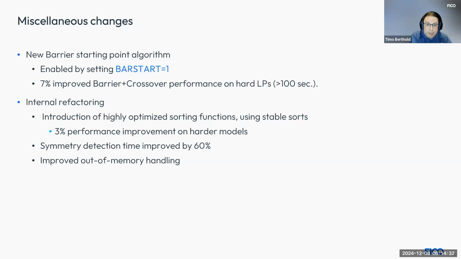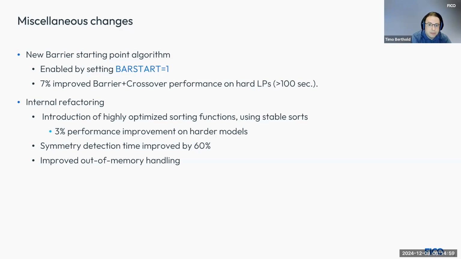Okay, another update involves our barrier algorithm. So here we have a new starting point heuristic that we introduced that improves pure barrier solves, including crossover, by about 7% on hard pure LP instances.